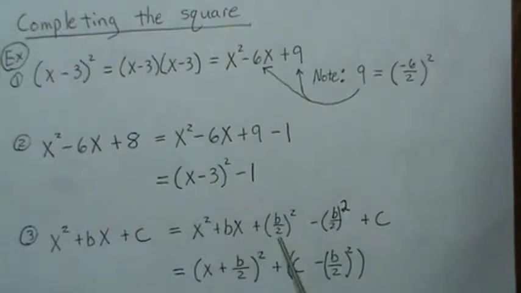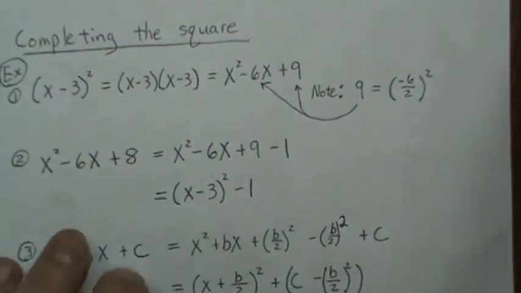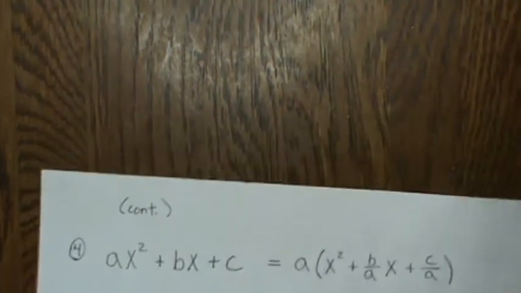So this piece becomes a square, and then this becomes a number. So to a generic quadratic equation, this is the horizontal shift, and this number is the vertical shift. Okay, so let's follow up on this one more time, and then we'll give some examples.